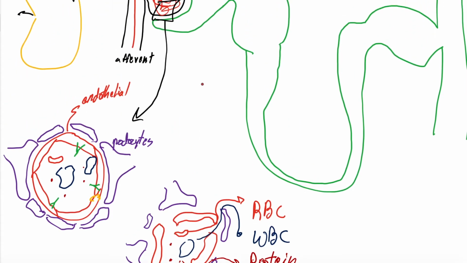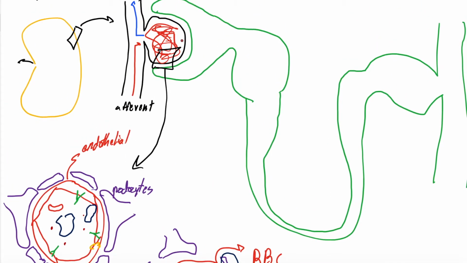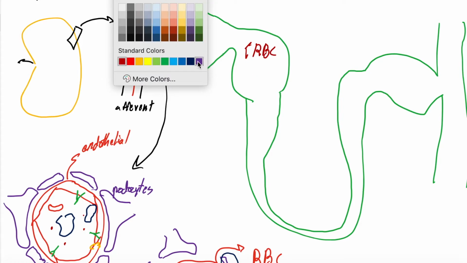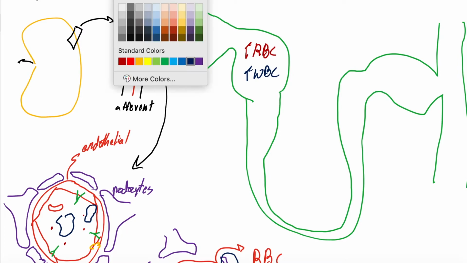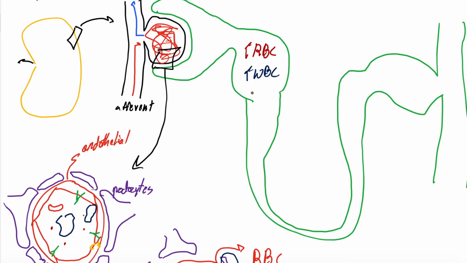So what does this look like then? We took a hunk out of the glomerulus, and we're saying now that we're going to get these big numbers of increased red blood cells, these increased white blood cells, and then increased protein that are all secreted out of the glomerulus into the nephron.